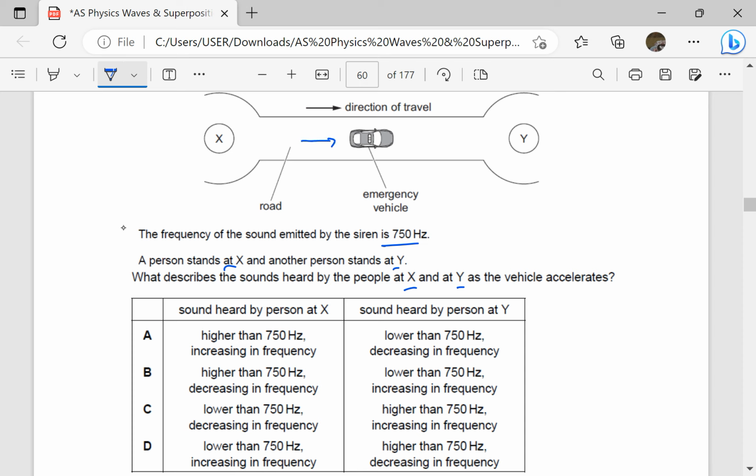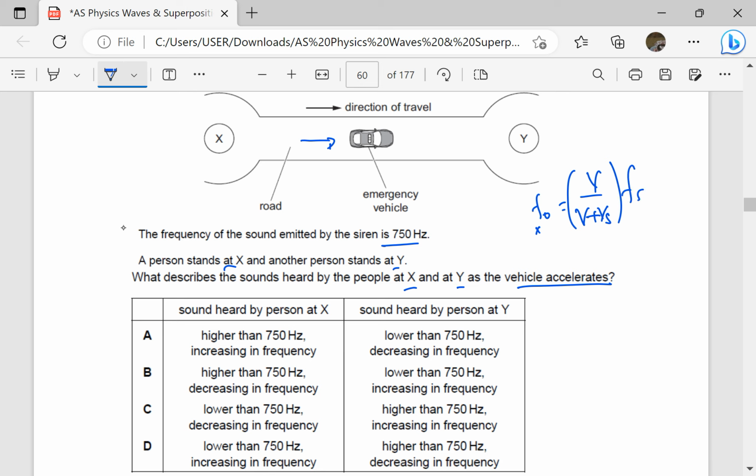The speed increases because it accelerates. So frequency observed is going to be equal to V over V, for X, because it's moving away, this is going to be plus Vs, then times Fs.